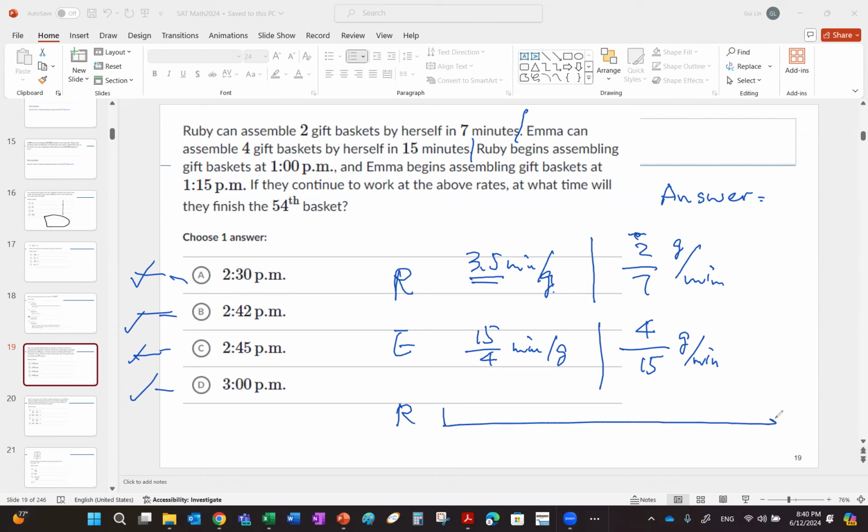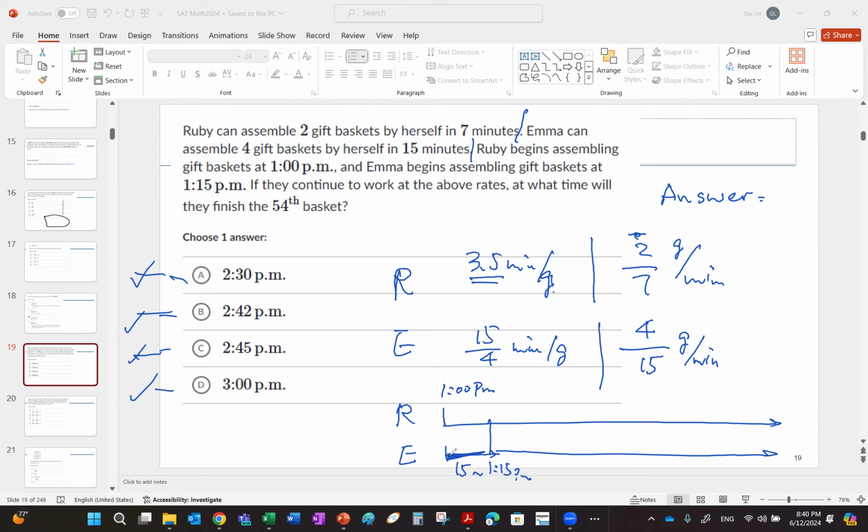So here we draw a timeline. This is 1 o'clock. What about Emma? Emma began to assemble gifts at 1:15, a little bit late. So it's 15 minutes late, right? So it became 1:15 here.